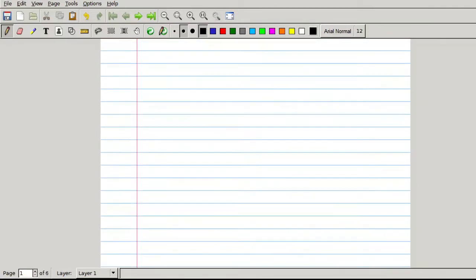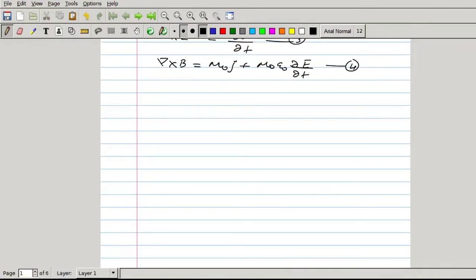We will take the first Maxwell's equation, del dot E is equal to rho by epsilon 0, where rho is the volume charge density.